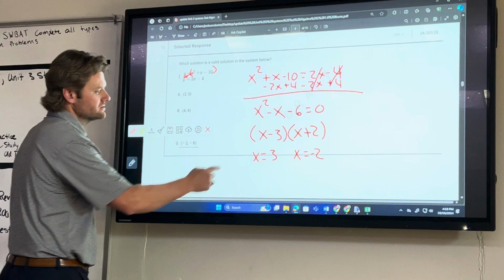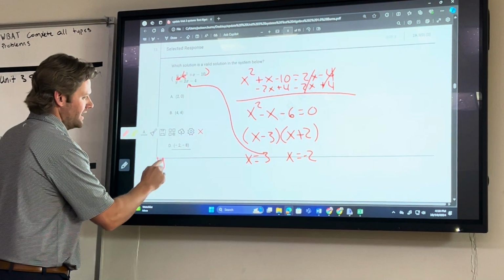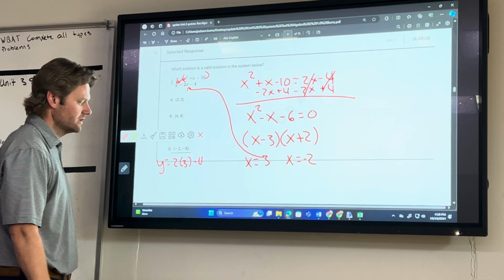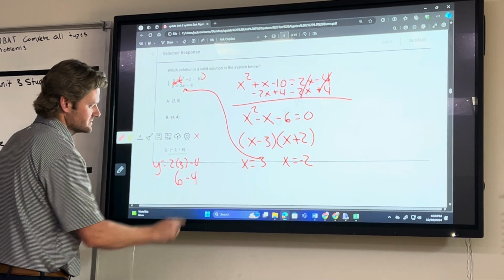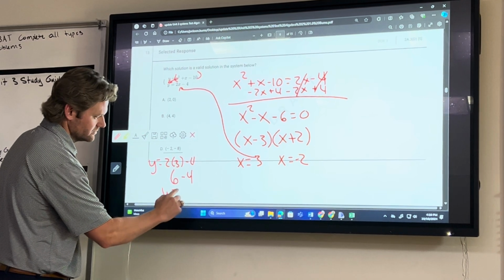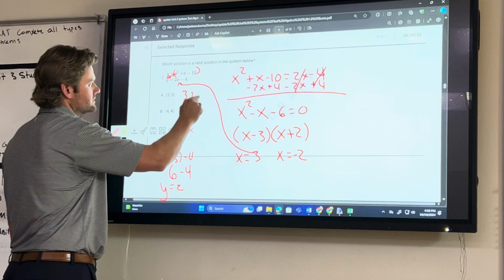Once I get those, I can plug those back in, right? So now I get y equals 2 times 3 minus 4. So that's going to be y equals 6 minus 4. So y equals 2. So one of my solutions will be (3, 2).